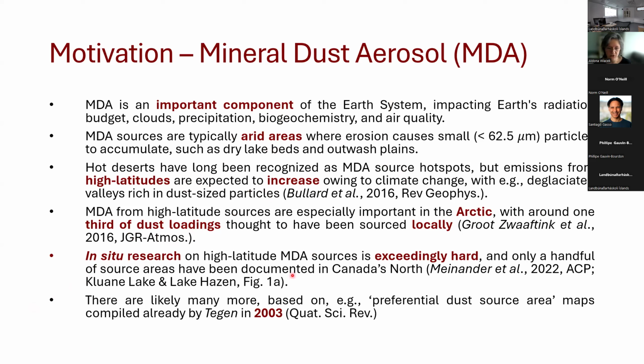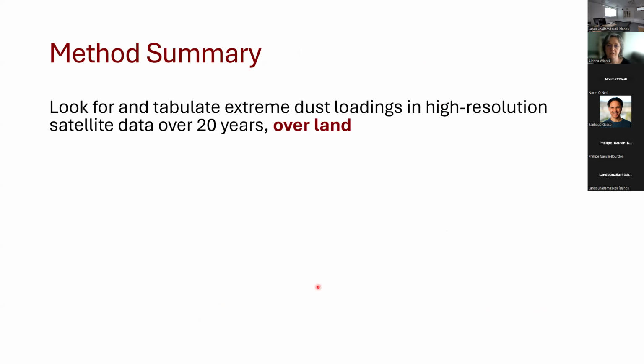There's just a handful of source areas documented in Canada's north, but there have got to be many more. Based on, for example, preferential dust source area maps, I remember looking at those with Ina Tegen back in 2003, we know that dust is sourced in the north.